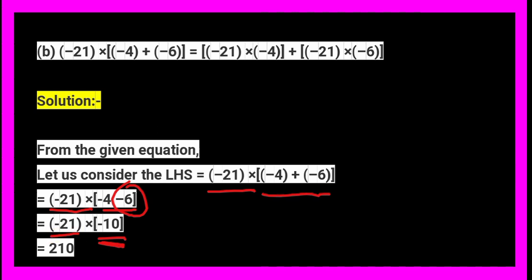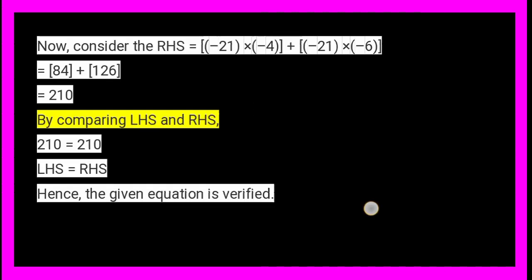Now we multiply minus 21 and minus 10, and both are negative integers. So our answer is positive. 21 tens are 210, and it is positive because minus minus becomes plus in multiplication. Now we solve the right hand side, and here we have two brackets.